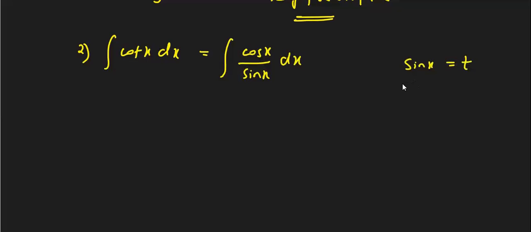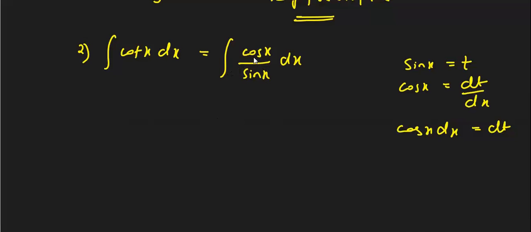If we differentiate this, derivative of sin x is cos x, and the right side will be dt by dx. So that is actually cos x dx equal to dt. You should observe that after differentiating, whatever derivative you get should be there in the integrand.